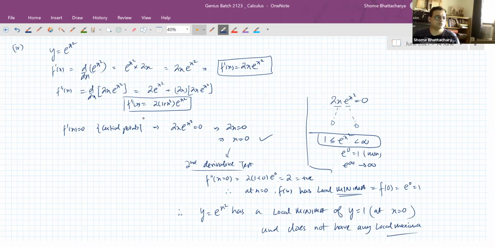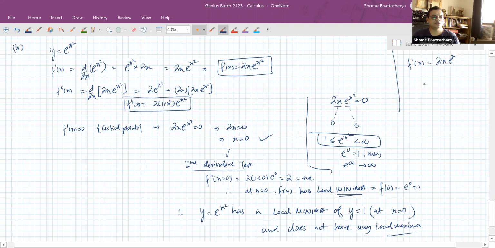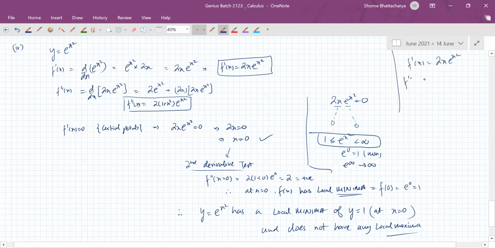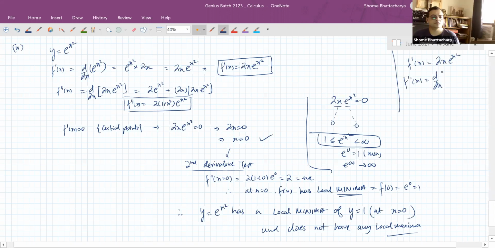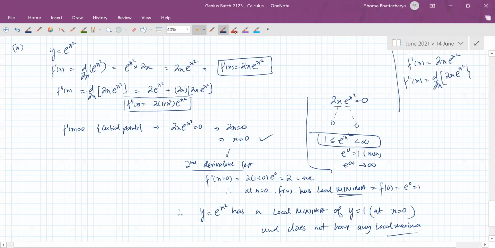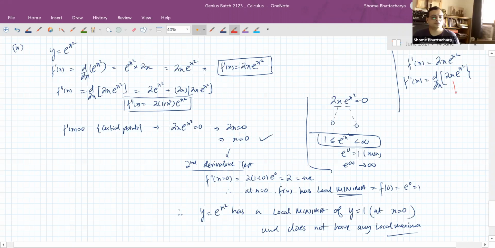Second derivative, we are just using product rule. No? See here, the function's derivative, the first derivative, it came out to be how much? 2x into e raised power x square. So second derivative, we want to differentiate this term. So I'm just treating this like a product of two terms. No? Like if this is u and this is v, then derivative of this is going to be u v prime plus u prime v like this.